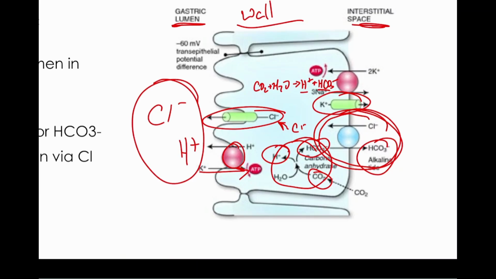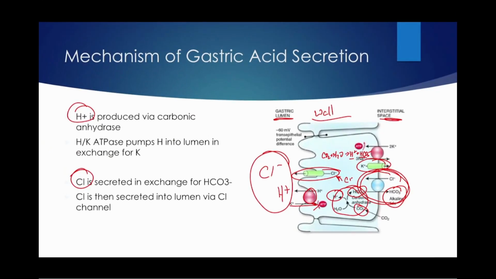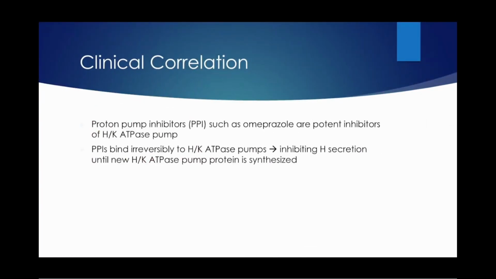The hydrogen comes from the carbonic anhydrase activity. The bicarb that's created from that leaves to bring the chloride in. And that's how we get hydrochloric acid. Proton pump inhibitors, such as omeprazole, are another way to reduce gastric acid. They inhibit that hydrogen-potassium ATPase pump.